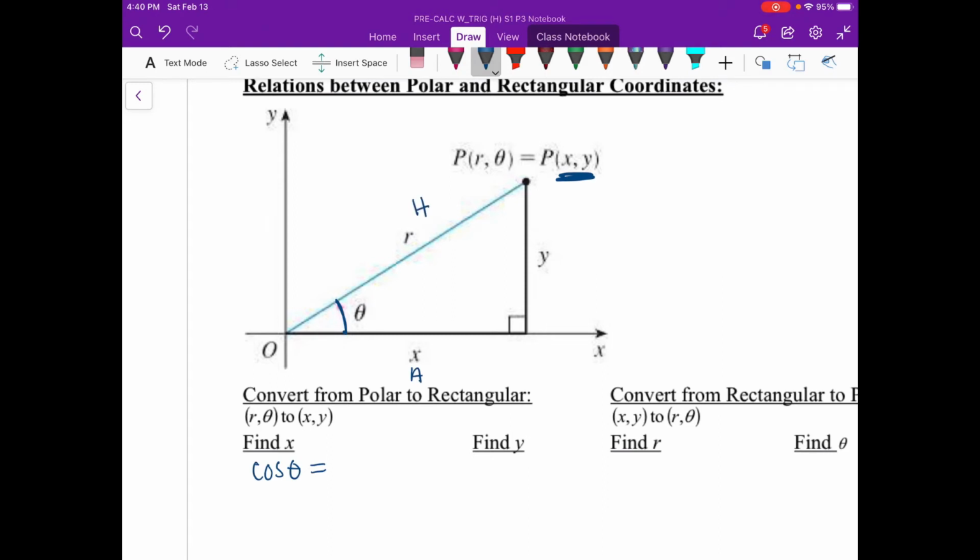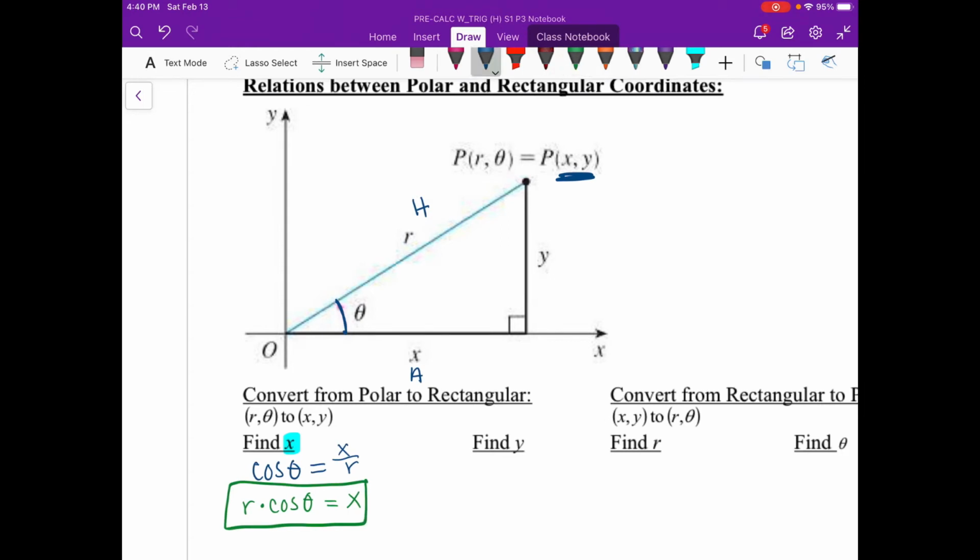So in terms of x and r, I would say that cosine is x over r. So if I want to find x, I would want to isolate the x by multiplying r to the other side. R times cosine of theta is what x equals. And this is actually in your golden ticket, so you don't need to memorize that, but this is where it comes from.